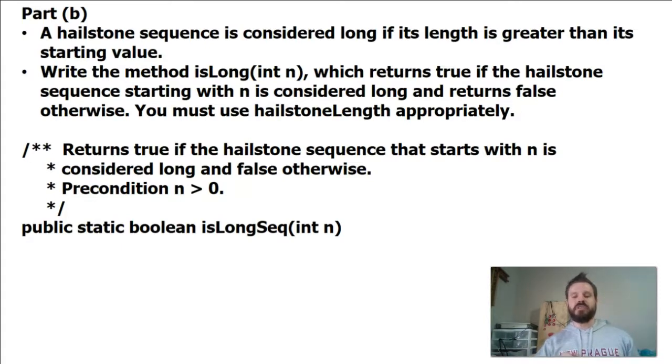Each of these different parts are scored separately. So even if you know the previous part of your program is not going to work, you can still pretend like it does and call it in the next part. Also pay attention to that. It'll say that specifically. If you're supposed to call a method, you have to make sure you call it. And it's going to save you extra code to write as well.